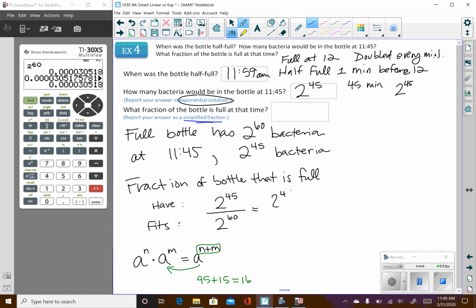So I still have 2 to the 45th on the top. I'm going to separate it as a 2 to the 45th times a 2 to the 15th. So I just broke that 60th power into two exponentials.